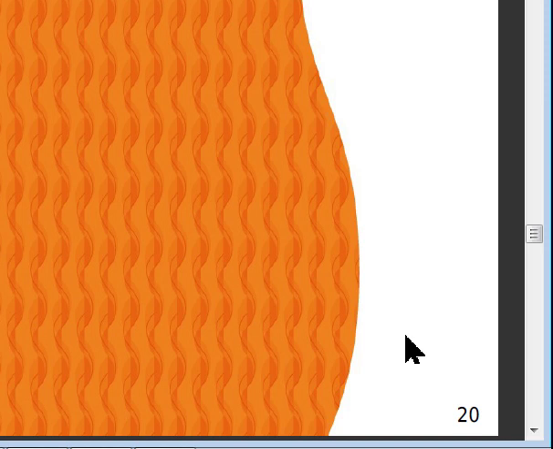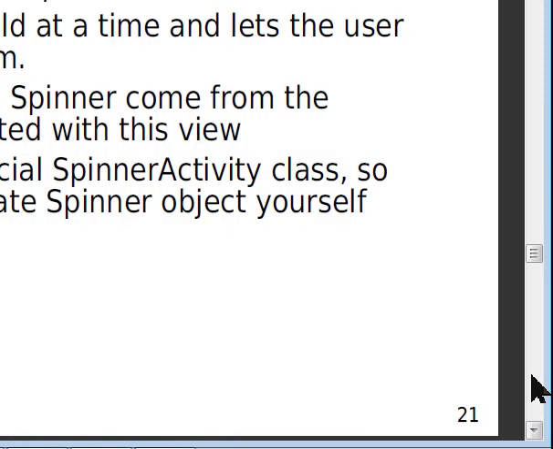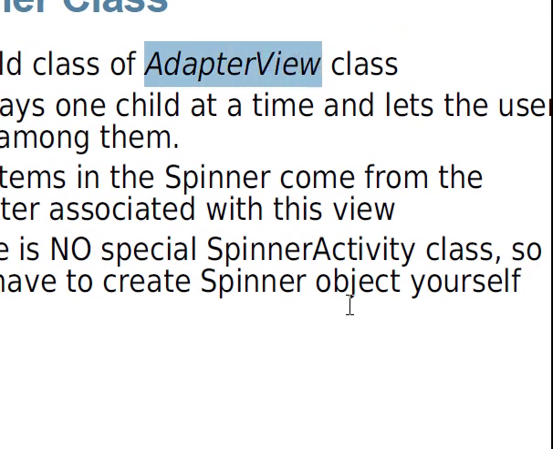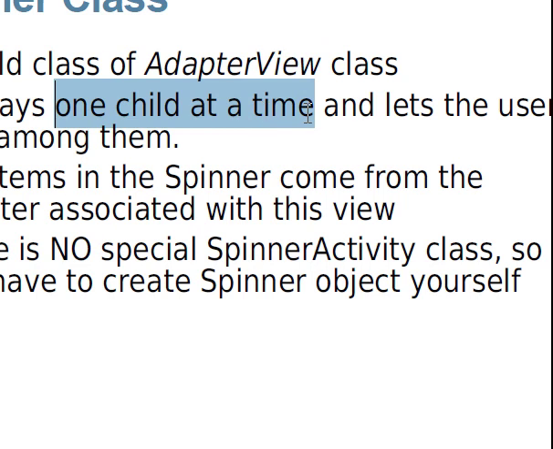Okay, so let's move on. So once you have a reasonably good idea on list view and adapter, then Spinner works pretty much the same. Again, it is a child class of the adapter view class, just like list view is a child class of adapter view class, as we just talked about a few seconds ago. The UI of Spinner is that it is displaying one child at a time and lets the user pick among them.